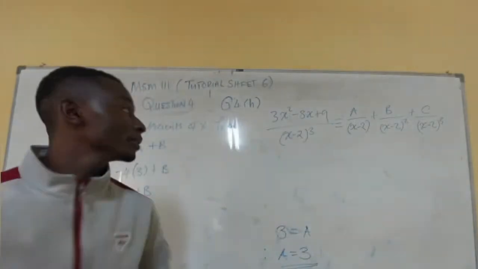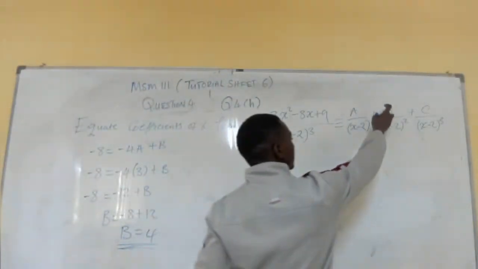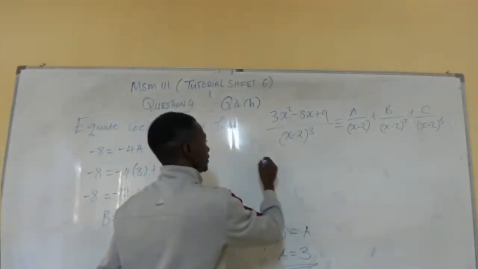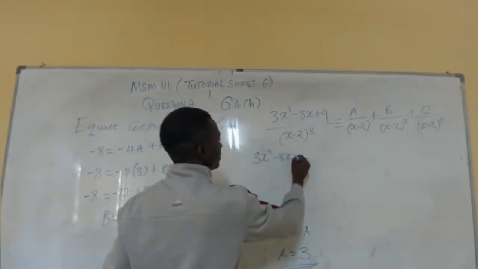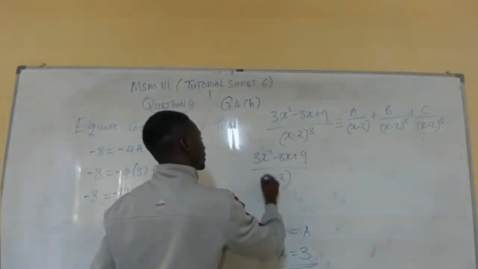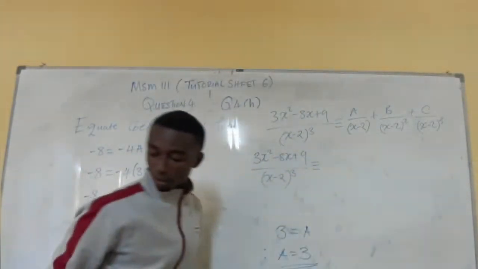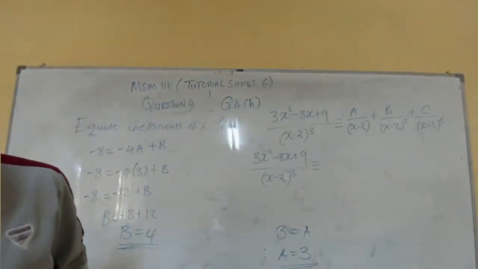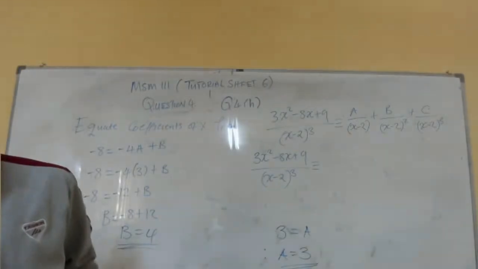So now we know the value of a. We also know the value of b and the value of c. So now 3x squared minus 8x plus 9 over x minus 2 to the power 3 is equivalent to, what is the value of a? The value of a here is 3.